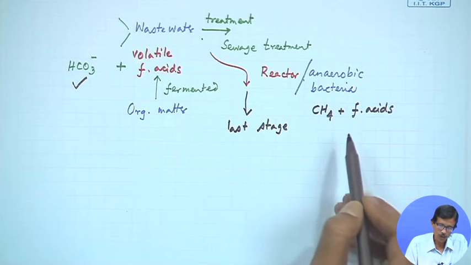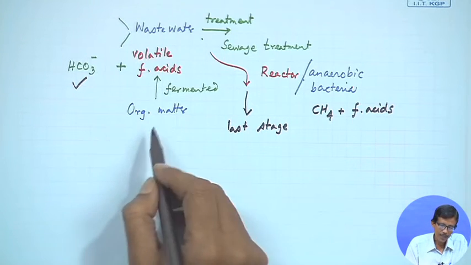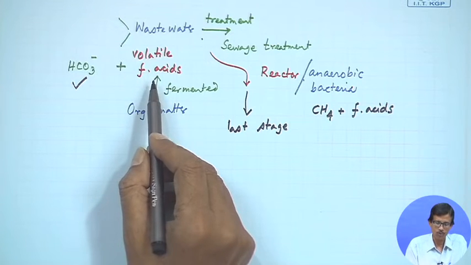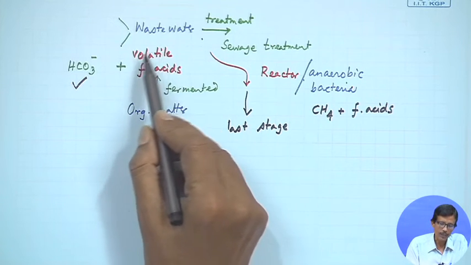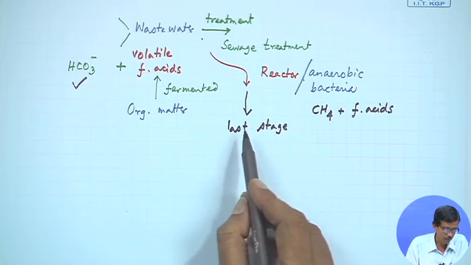So, during this degradation, if there is a huge drop in the pH values due to the production of a large amount of volatile fatty acids, the system will collapse.